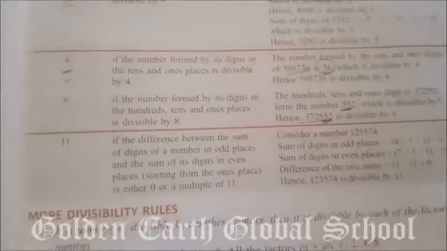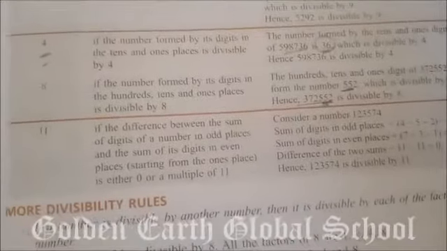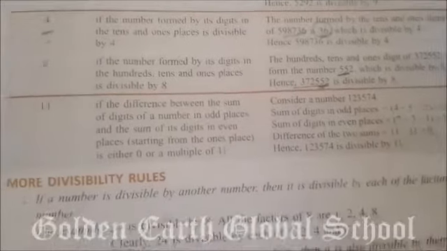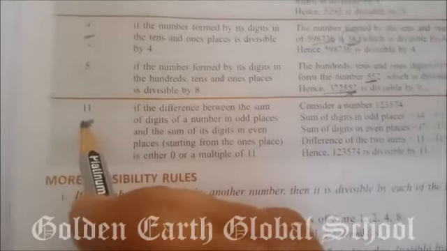Why are we doing these divisibility rules? Because you need not do the long division. The last rule is the divisibility rule of 11.